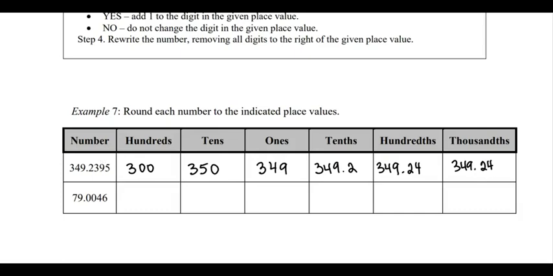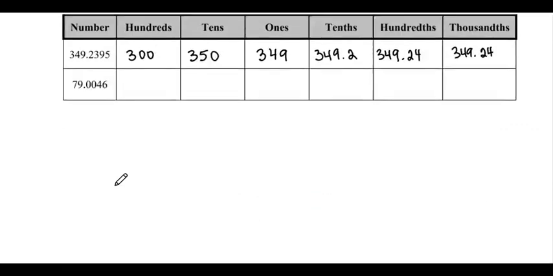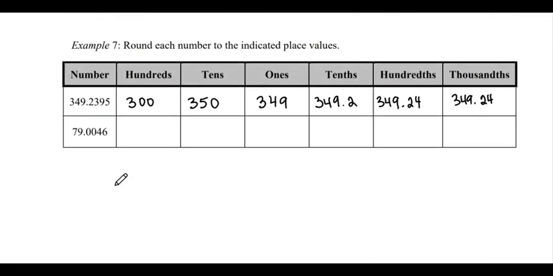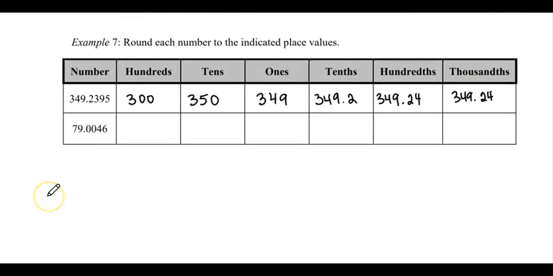Right. So I'm going to quickly go over the last example, and that is all for today. We have the next lecture coming up. So to the hundreds, the hundreds would be right here, where we don't have anything there. But because of the 7, it rounds to 100 to the hundreds. To the tens, you would have 80.